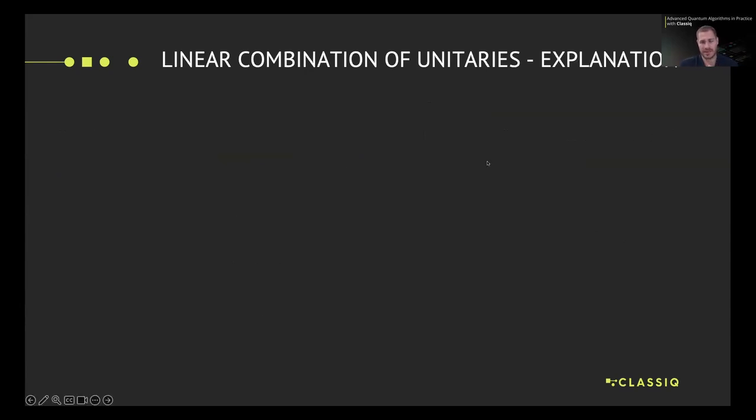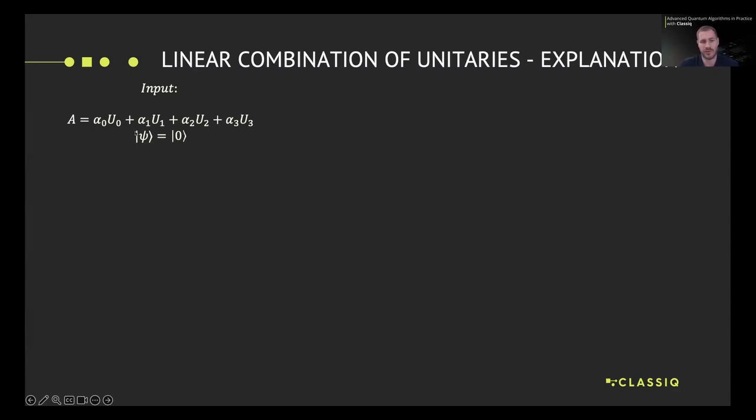Let's dive into more details through a concrete example. We'll understand it from a concrete example, and then in the tutorial you can read the explanation more carefully. Here we have some general non-unitary matrix A. It might also be unitary, but it might not be.